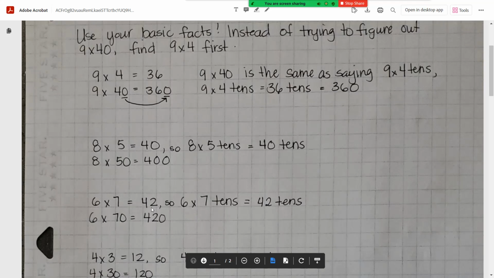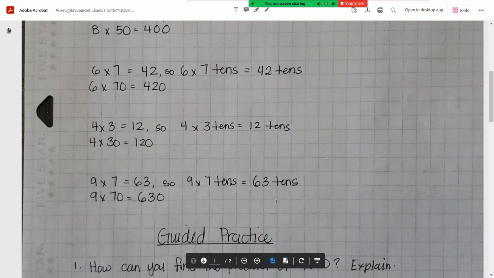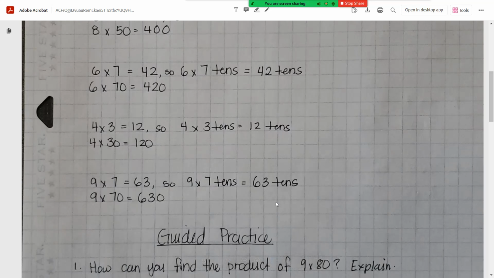Here we have 6 times 7 is 42. So 6 times 7 tens is going to be 42 tens. And that'll help you solve 6 times 70, which is 420. 4 times 3 is 12. So 4 times 3 tens is going to give you 12 tens, which is the same thing as saying 4 times 30. 12 tens is the same thing as saying 120. 9 times 7 is 63.